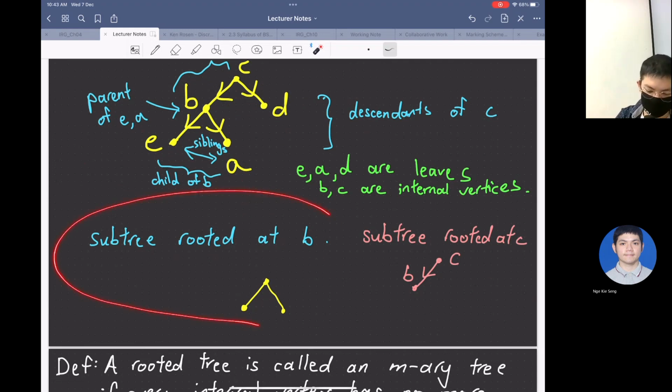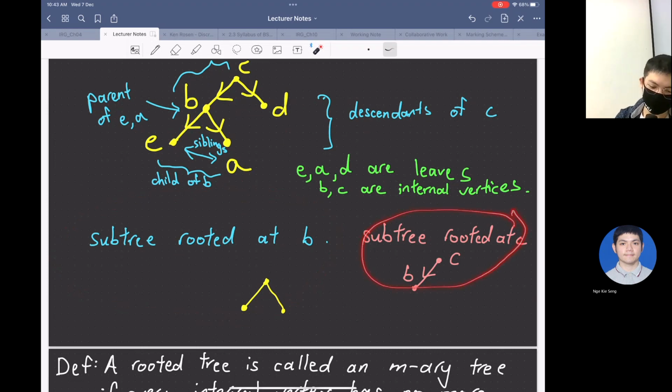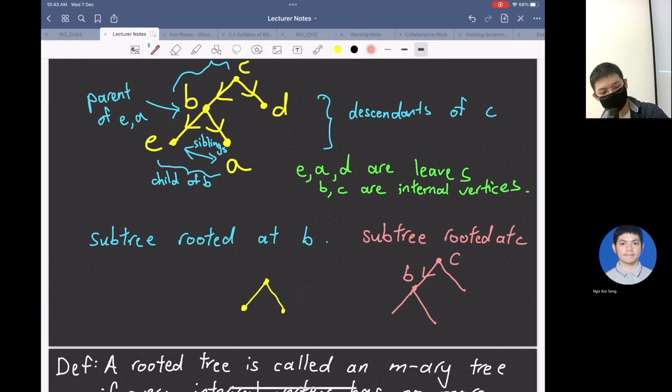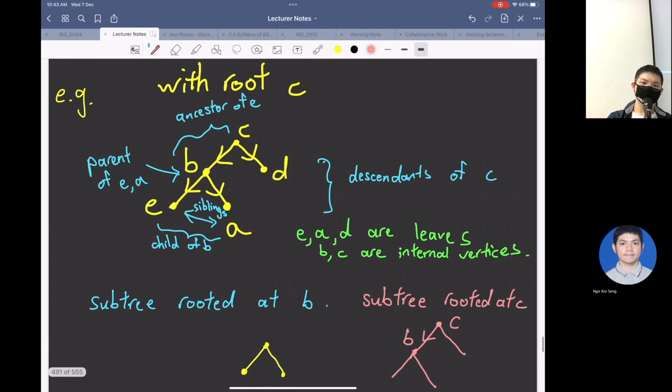And then the subtree that you draw at B is something like this. The subtree rooted at C is the whole thing. You should draw the whole thing. So these are some terminology for trees. Maybe we don't get into algorithms today; maybe next week we'll do algorithms on trees.